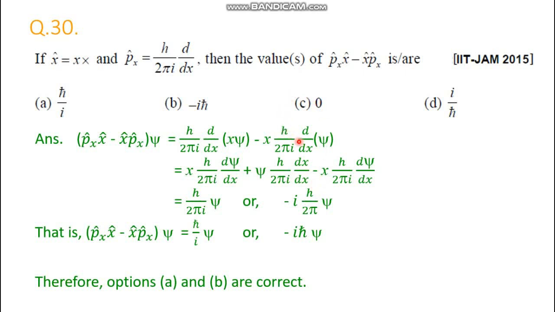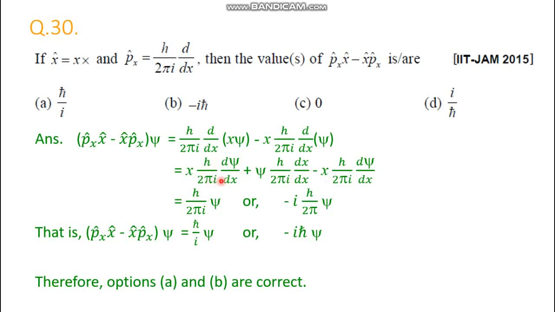And the second term becomes the third term here. This is as it is, minus x into h by twice pi i, then differentiation of psi with respect to x.